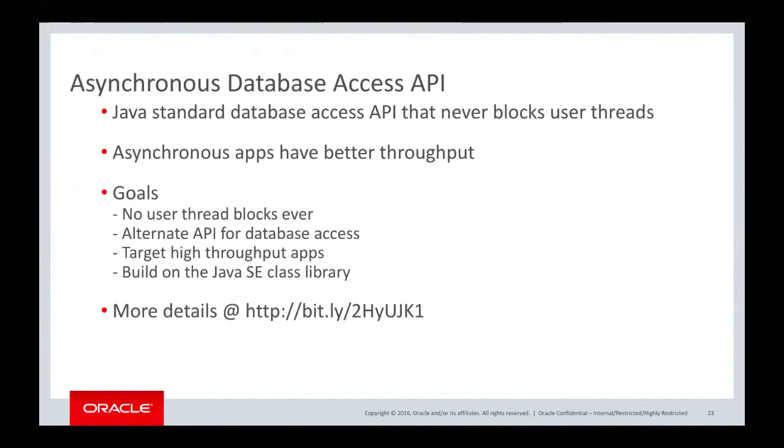Anyway, it is task composition and it allows you to do asynchronous work, reactive programming. So you can schedule some task, do this, do that, and depending on the result, do this or do that.